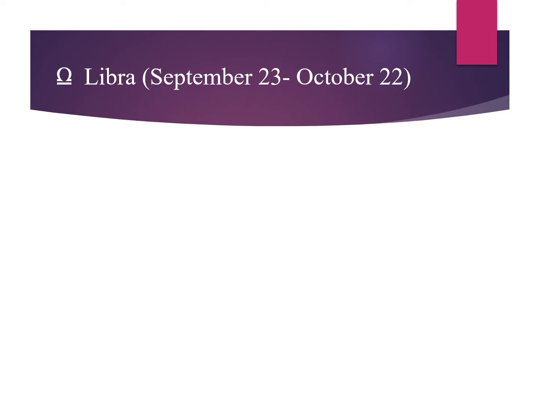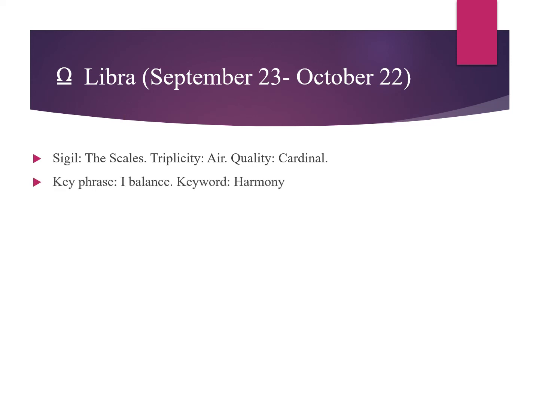The next sign is the sign of Libra, which runs from September 23rd through October the 22nd. The sigil for Libra is the scales. Its triplicity is air, and its quality is cardinal. The key phrase for Libra is I balance, and its keyword is harmony.